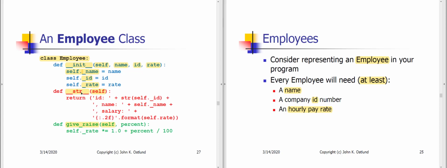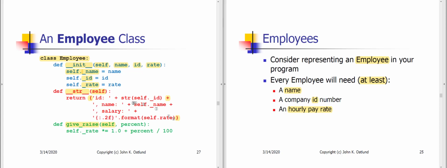Now, when we convert one of these to a human readable string, these parentheses surround the string value that I want my dunder str function to return. Basically, all I need to do is convert the ID number, the name, and the rate into strings and concatenate them together with some other literal strings using the plus concatenation operator, and then return that.